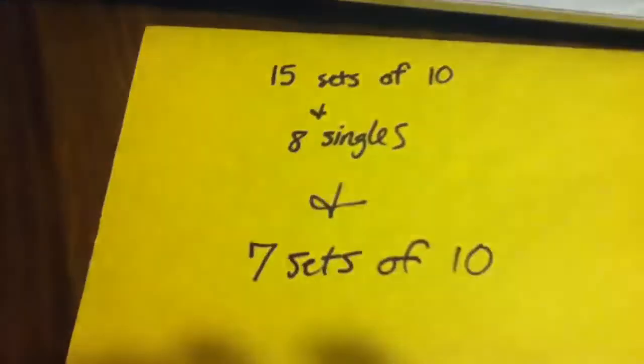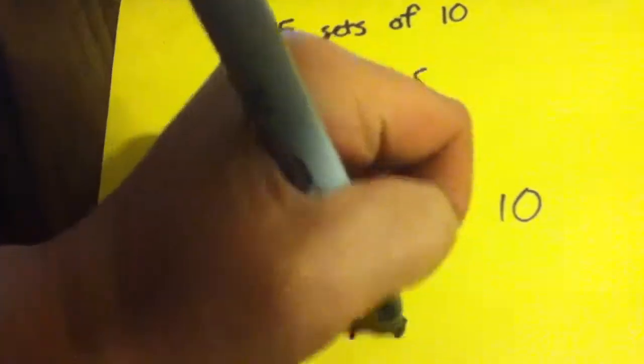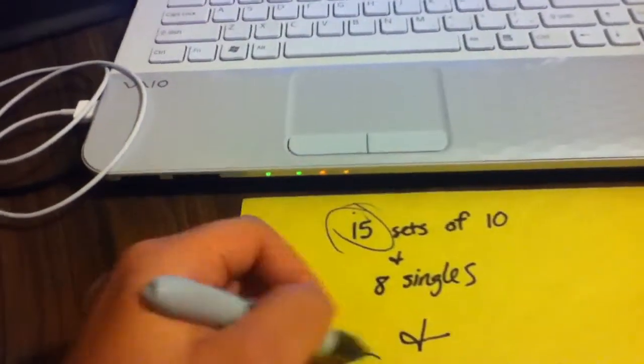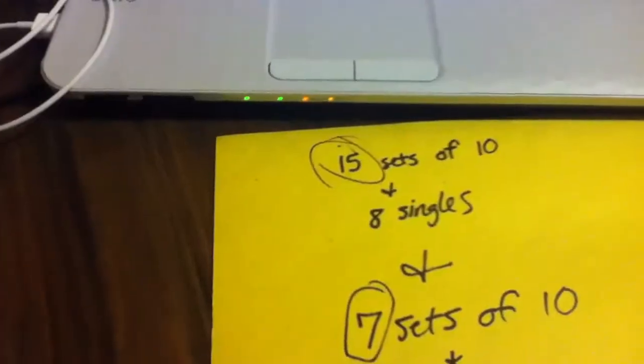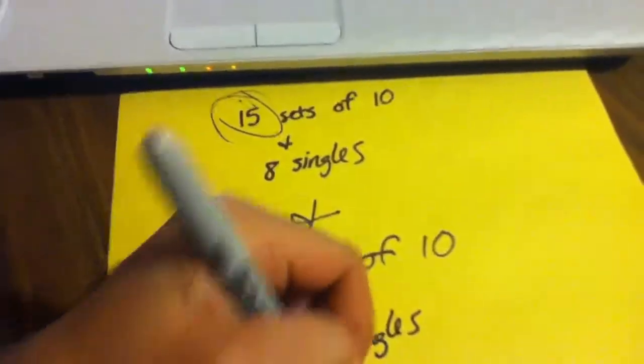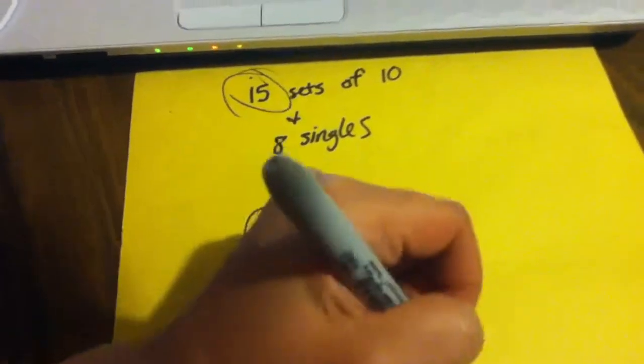And then on the green screen, we have 7 sets of 10 frames. And then we saw that we had 7 singles to complete our 77. So now we can see that we have 22 sets of tens frames.